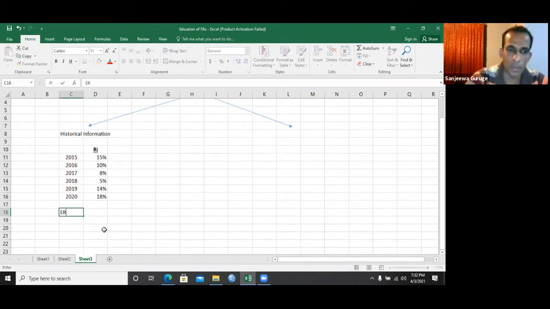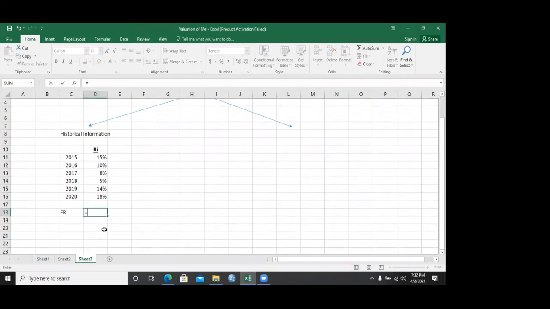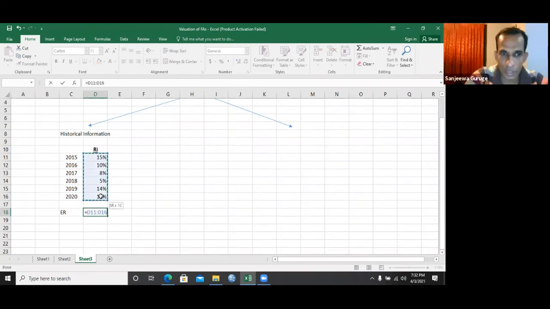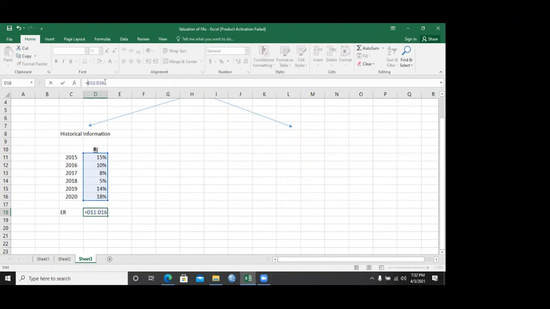Very simple method. We need to get the total of these returns, and that should be divided by the number of observations.